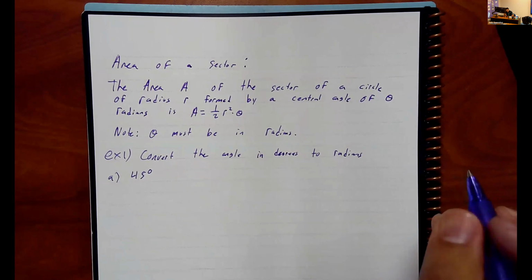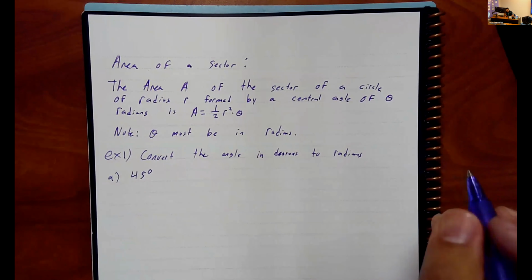Convert the angle in radians to degrees. So let's go the other direction. The pi over 2.